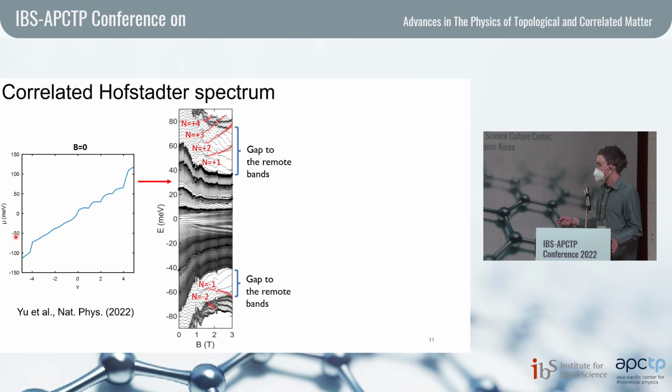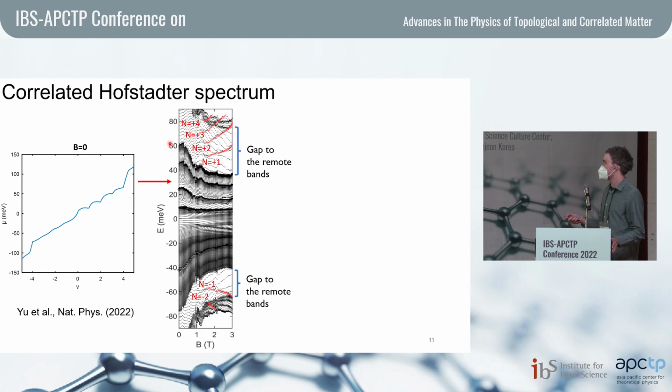If we follow this procedure, we can generate these interesting looking spectra, which correspond to something like a thermodynamic density of states rather than a tunneling density of states, where you can see many of the salient features that I tried to highlight in that red and black cartoon from the last slide. Okay, you can see, first of all, big gaps in the spectra that correspond to the remote gaps of the system when one has fully filled or fully emptied the flat bands.